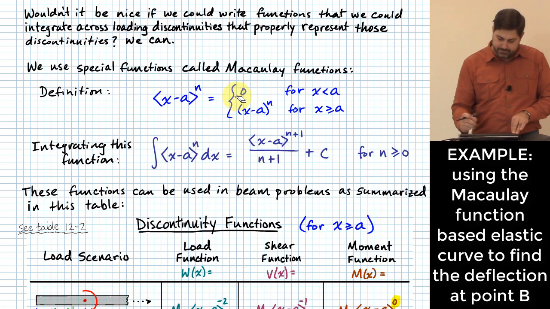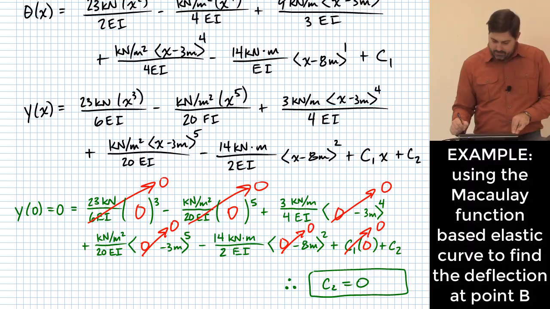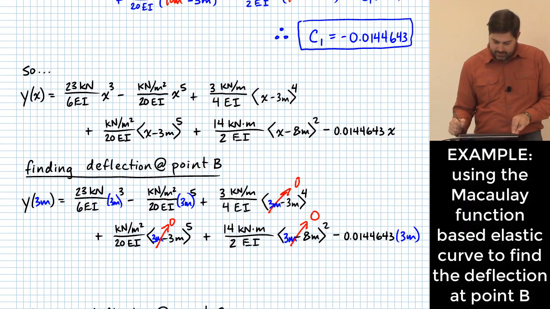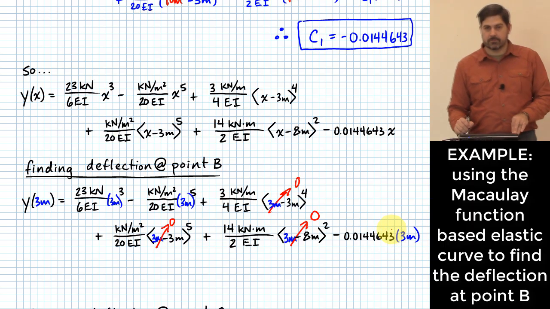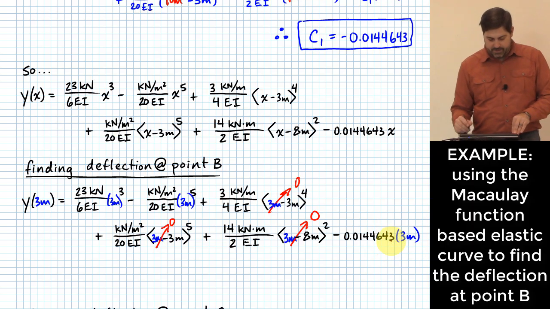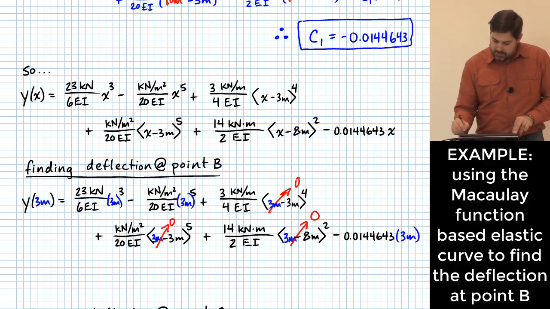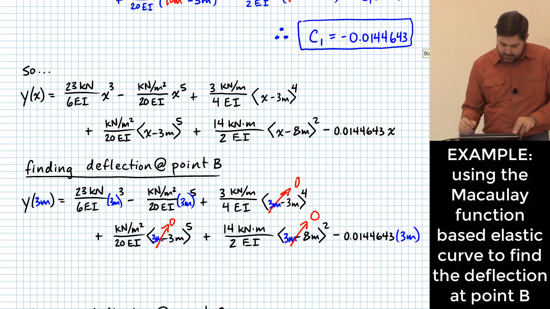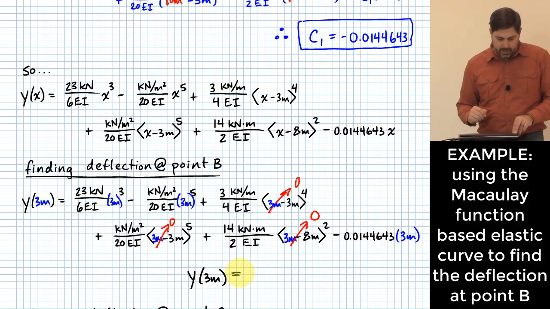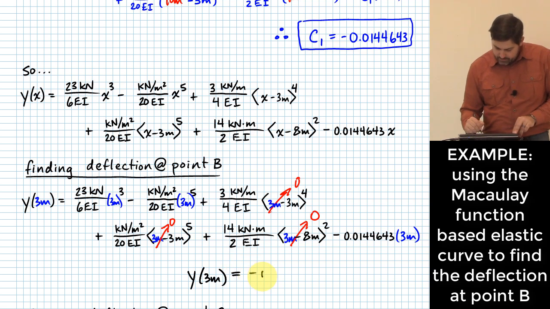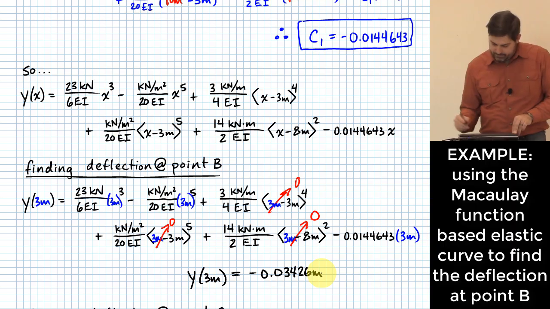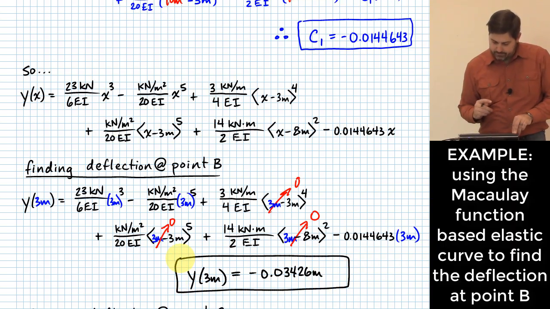So that piece becomes 0, and we're left with only the pieces that did not become 0, which are the first 2 terms and the last term. Those aren't things you can just do in your head, but if you trust me, I will represent to you that y at 3 meters became negative 0.03426 meters for that deflection.